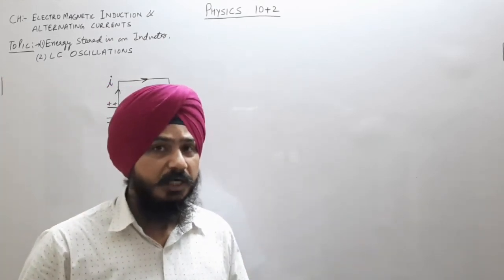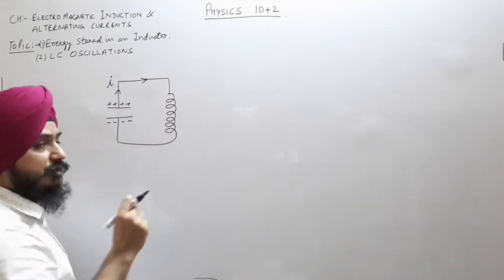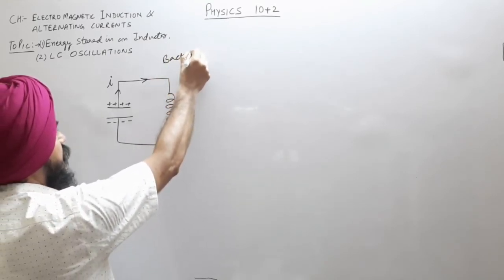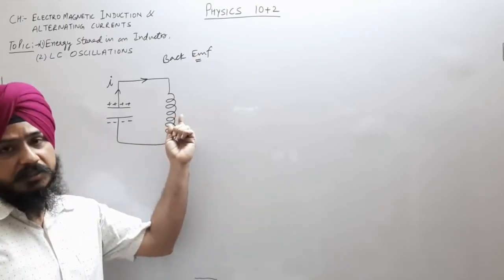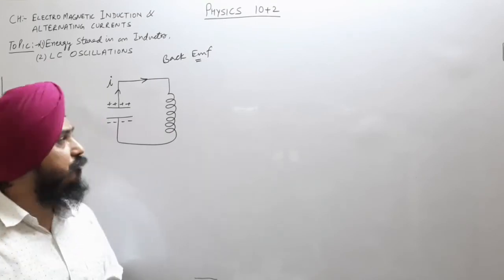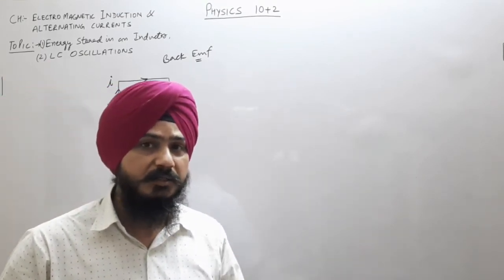And you know what the spark was? The spark was a very important phenomenon that we have discussed just earlier. It was the back EMF, which this inductor produced by the changing magnetic field. So this back EMF was the reason for that spark.